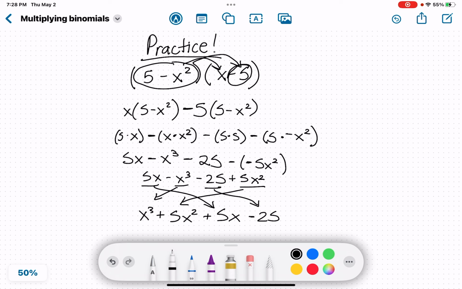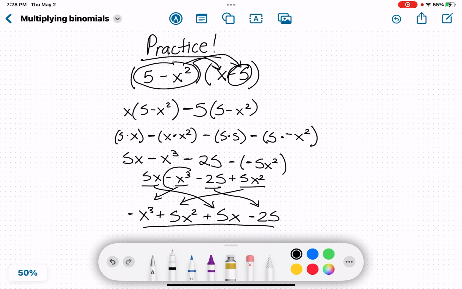Now, I made one mistake. I left one thing out in this final expression. Can you spot what that is? Something very important I had mentioned before, not to miss. Did you find it? It's the negative sign in front of x to the third.